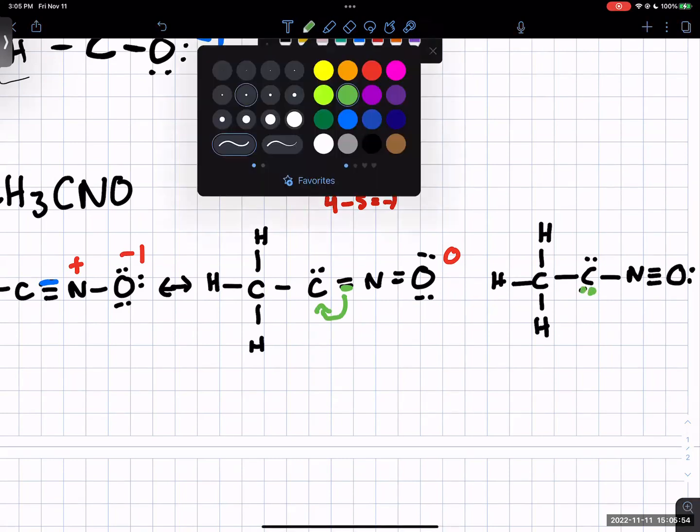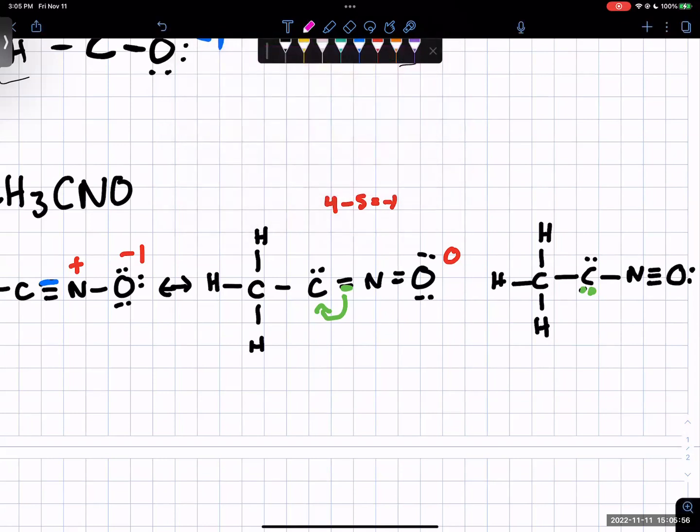And then these other electrons in pink on the right here are gonna make another triple bond to the nitrogen. They're gonna plop themselves between the carbon and the nitrogen. And again, this is another valid resonance structure. It's even more unstable though.